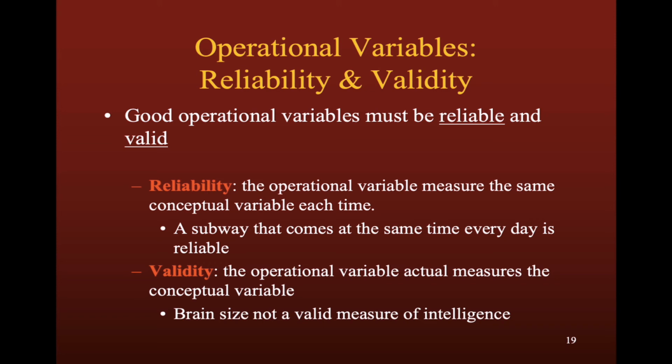But heart rate may not necessarily be measuring attraction to that person. It could be a measure of fear or anxiety around that person, right? So if it's a person that you're attracted to, your heart rate might go up. But if you're also scared of that person, your heart rate might go up. So the question becomes, is heart rate actually measuring attraction to that person, or is it measuring fear or repulsion of that person?